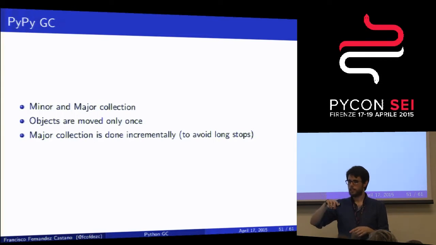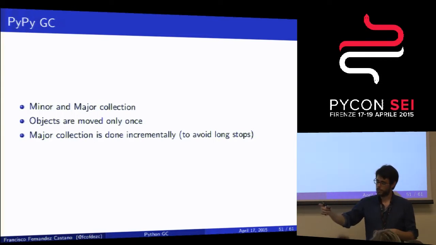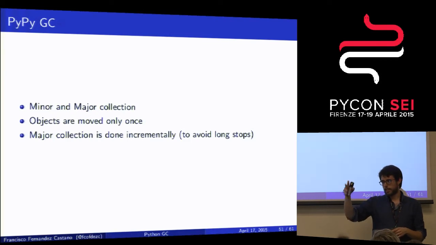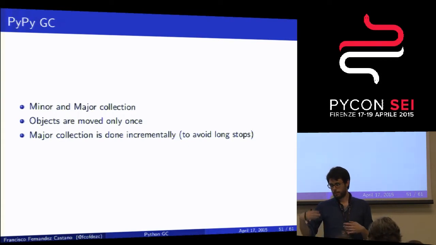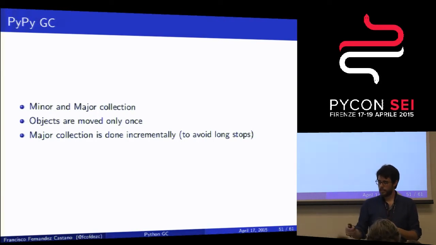We mark them, and they can be pinned. It means that for reasons of performance, internally we can pin an object and say you have to live one more cycle in the nursery, because for some reason it's more performant not moving this object to the old space. So we mark all the reachable objects in the nursery.